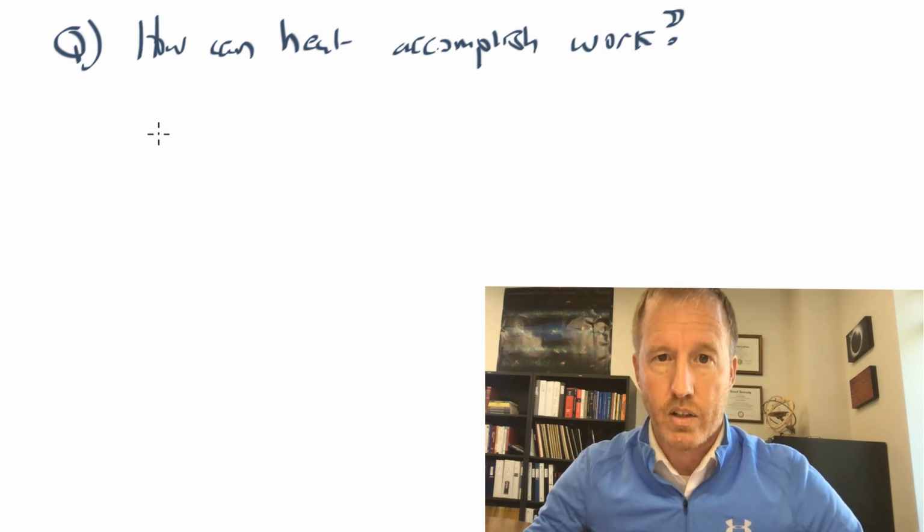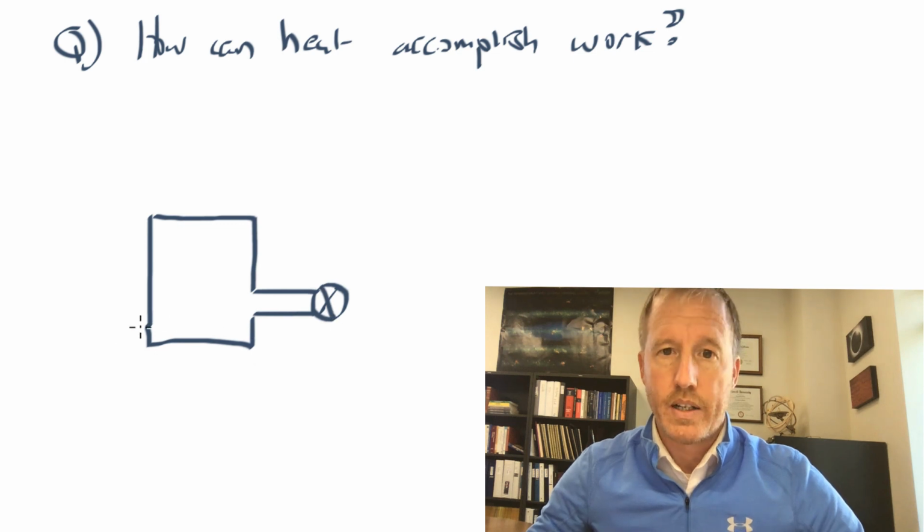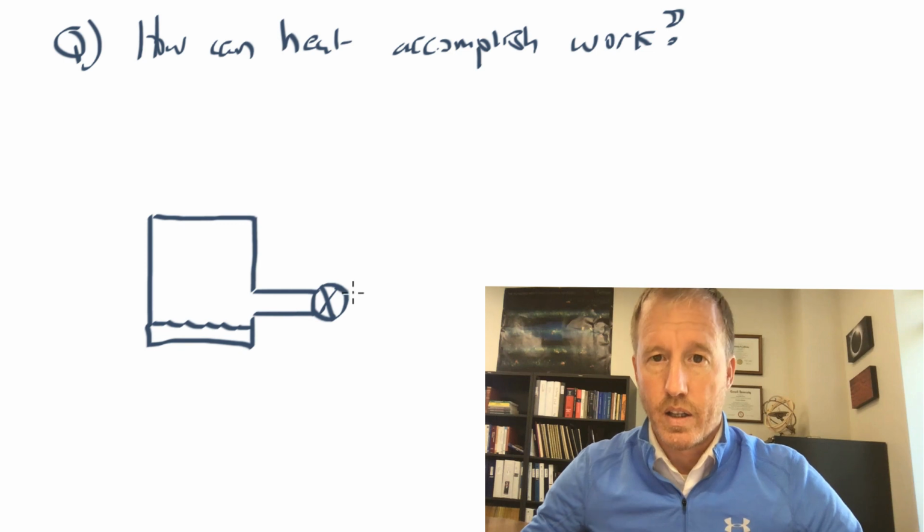So consider the case of a steam engine. Suppose that we have a metal chamber, and in this chamber there's a pipe coming out one side of it, and there's a valve that can be opened and closed. And in this chamber there is water. This valve is connected to another pipe, and that pipe is connected to a piston.